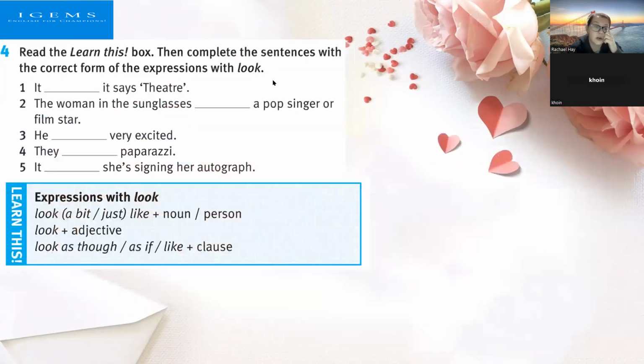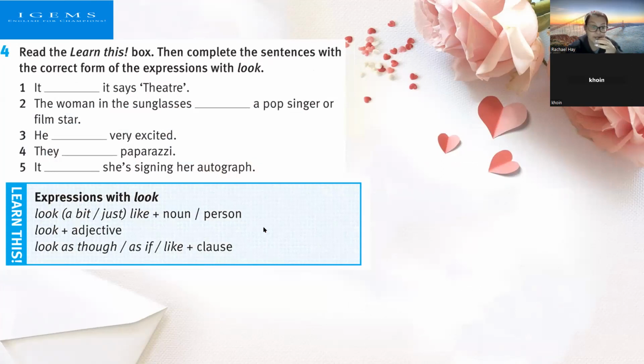Read the learn this box and complete the sentences with the correct form of the expressions with look. So expressions with look a bit or just like a noun or a person. It looks just like a dog. He looks a bit like his mom.